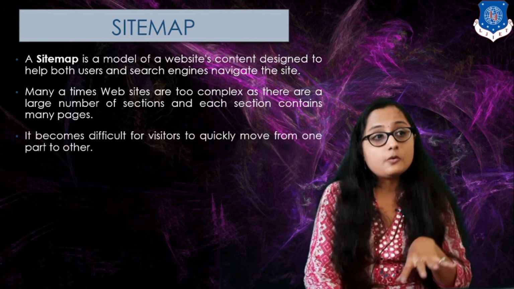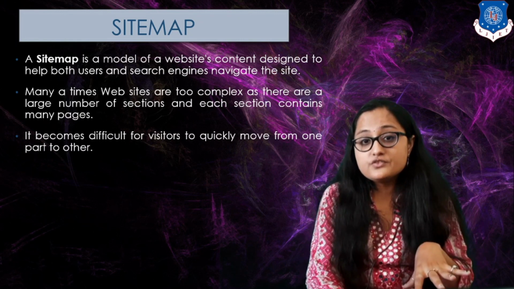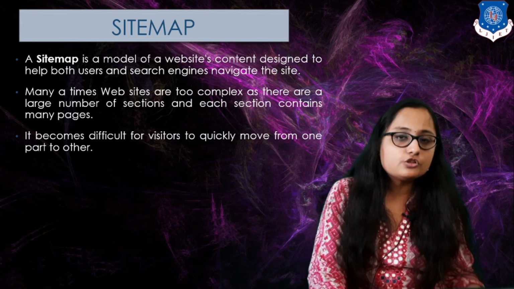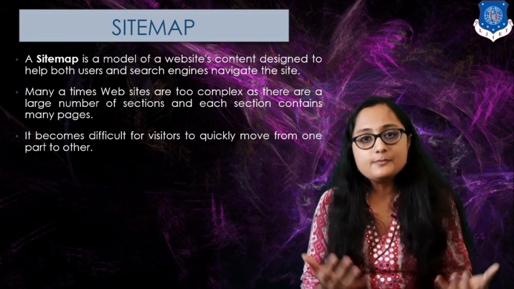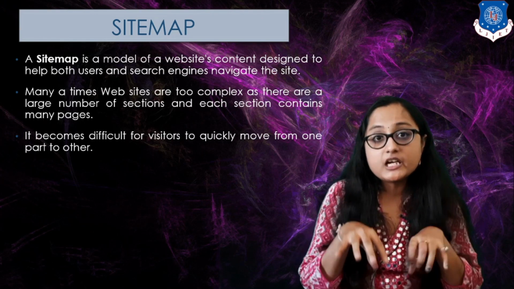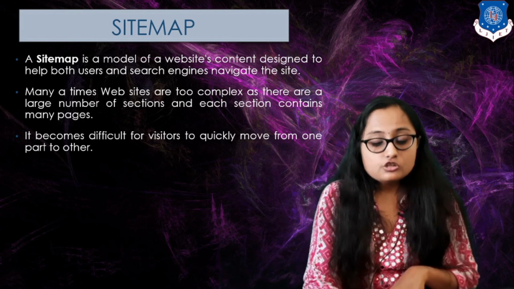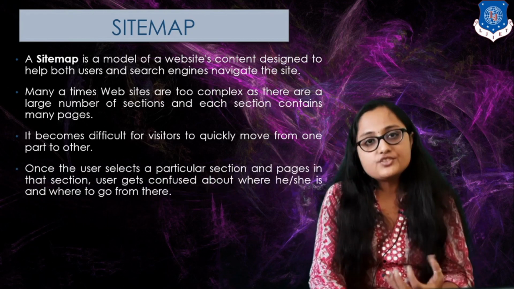Whenever you have such complex structures, it becomes very difficult for visitors to move quickly from one part to another, because users may get confused about which web page they are currently in and how they can navigate to another web page, right? So locating the web page becomes troublesome.